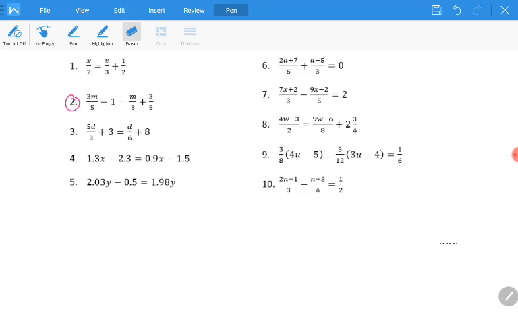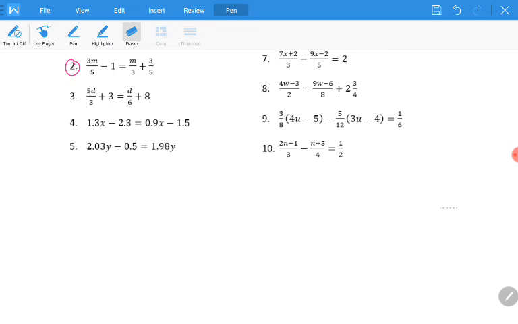So question number 8 is saying 4w minus 3 over 2 is equals to 9w minus 6 over 8 plus 2 and 3 over 4.